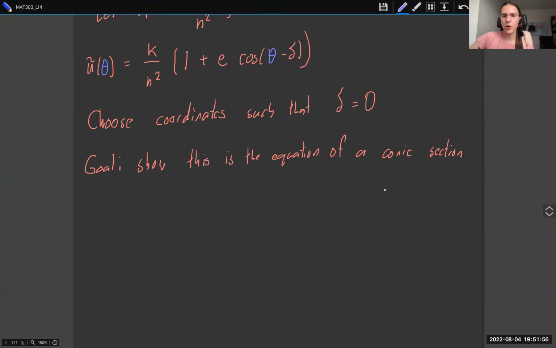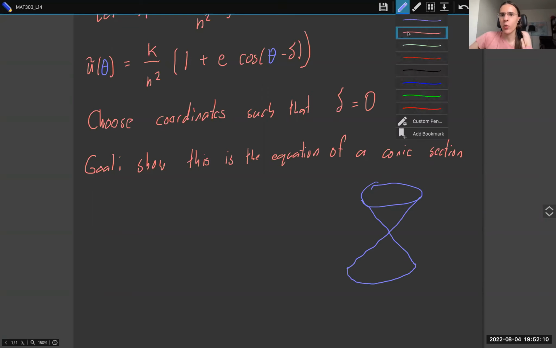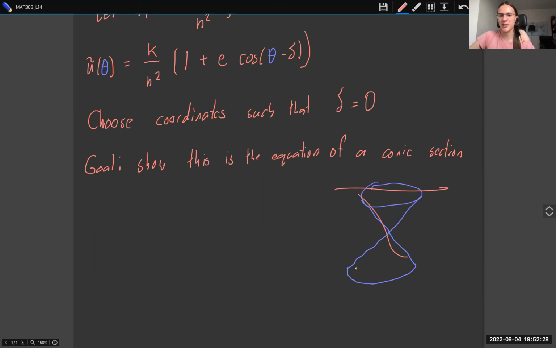Well, you can imagine a cone. And then imagine that we're going to take a plane through the origin and intersect it with this cone. If the plane is perfectly vertical, it's going to look like just two line segments.